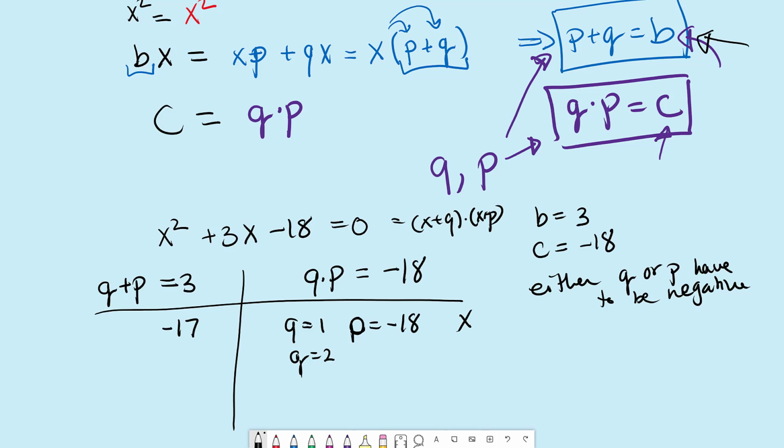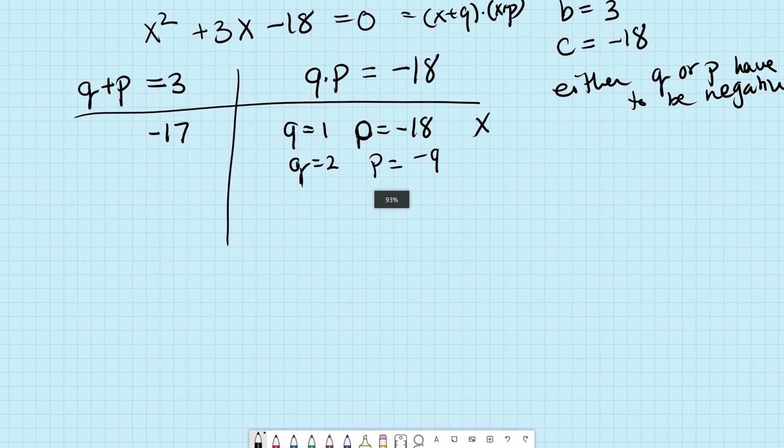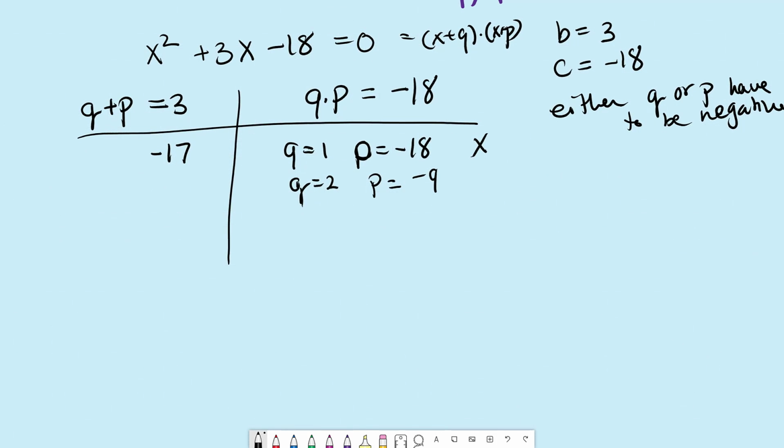If q equals 2, we have to take p equals negative 9, right? 2 times negative 9 will give us negative 18. So that's good in terms of our product. What about our sum? 2 plus negative 9 is negative 7. Negative 7 is not 3, so this is not correct.